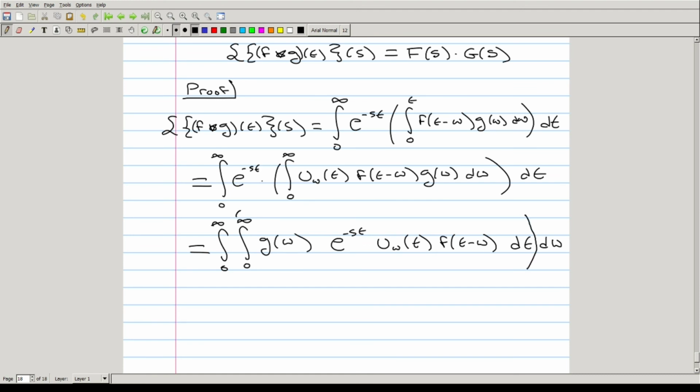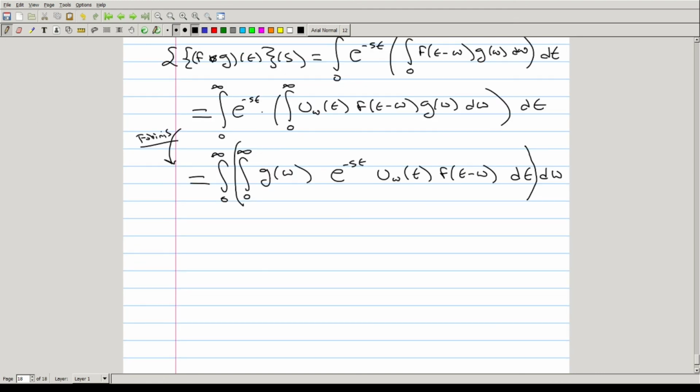So we notice that we have a rectangular integral here, and by Fubini's theorem in multivariable calculus, we can write this integral in either order.